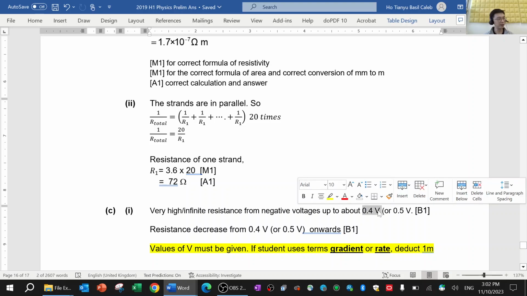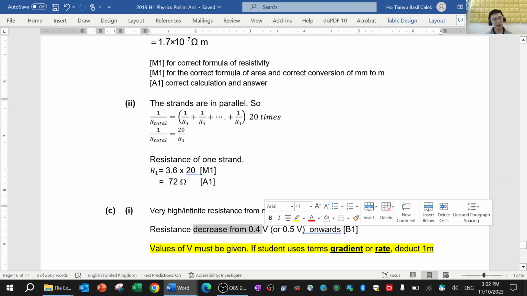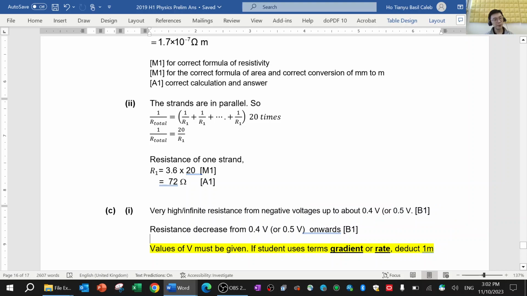Next, part C. Describe the variation of resistance of the diode between V equals negative 0.5 to V equals 0.8. You can split into a few parts. You can see obviously that the line is practically horizontal up to 0.45 or 0.4, or you can even say it's very small at 0.5. So you can say that there's very high or infinite resistance until about 0.4.